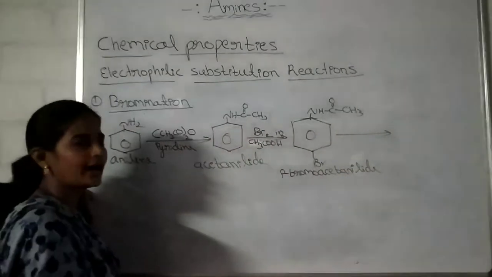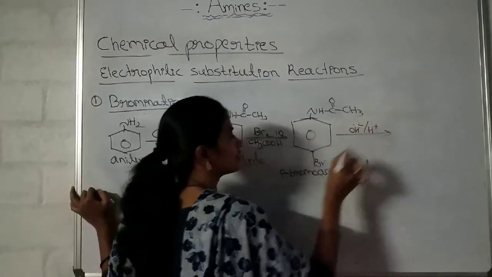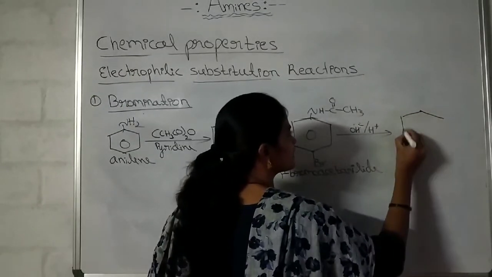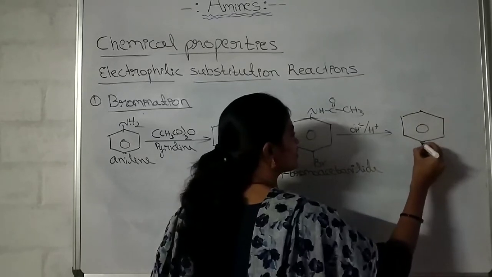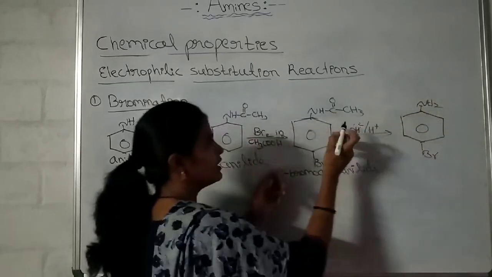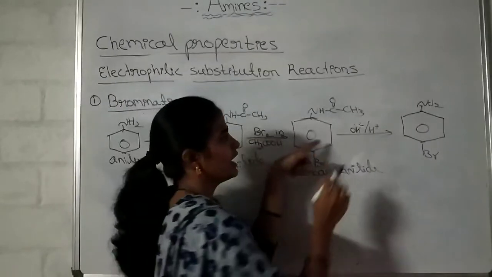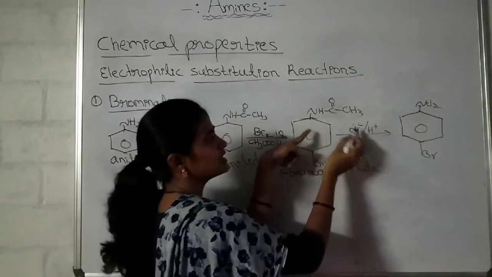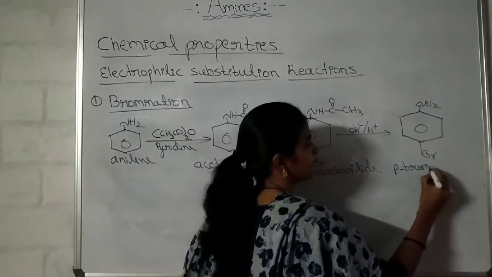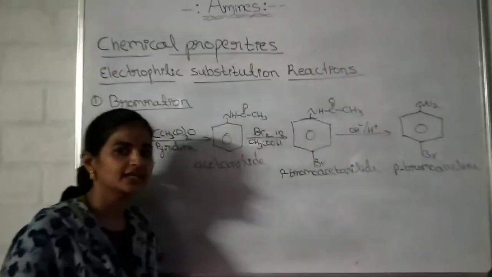When it is made to undergo hydrolysis, NH2 forms. See, elimination of CH3COOH takes place, and one H joins here to form para-bromo aniline. And this is how we got the desired product.